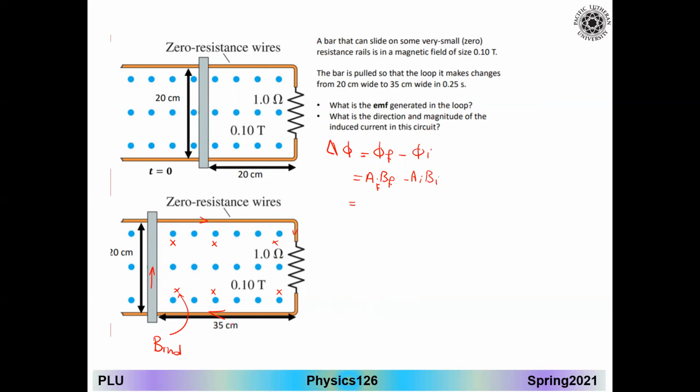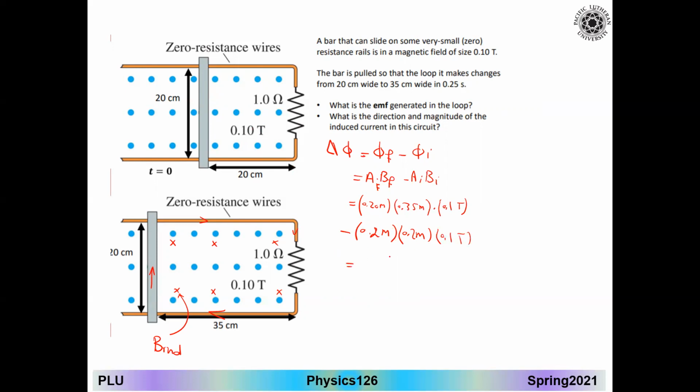For the final, I have a rectangle of 0.2 meters times 0.35 meters times the magnetic field, 0.1 Tesla, minus the initial area, which is 0.2 meters times 0.2 meters, times the magnetic field 0.1 Tesla.